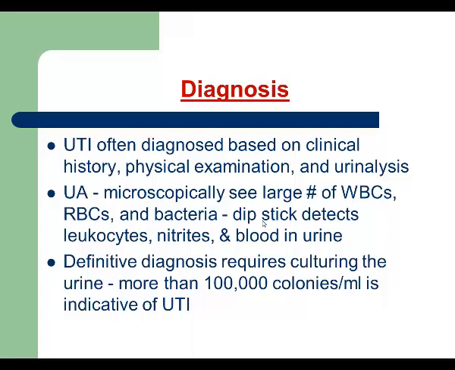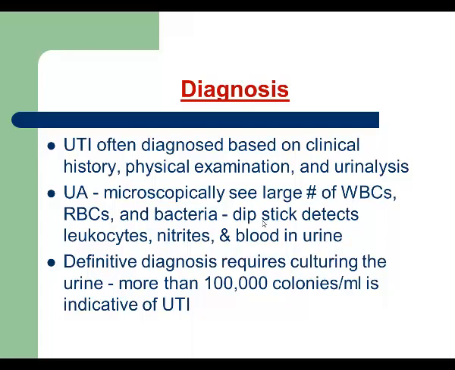And then the next test that we usually go with is microscopy. Microscopy gives us a little bit more information. It can give us the number of white blood cells found in that urine, red blood cells, and also we can detect bacteria using this test.